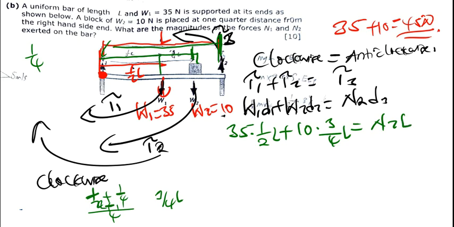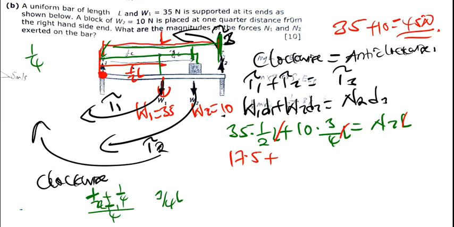At this point, I can clearly see that L appears everywhere. I can cancel L. So I'll have 35 divided by 2, I'll have 17.5, plus 10 times 3 divided by 4.